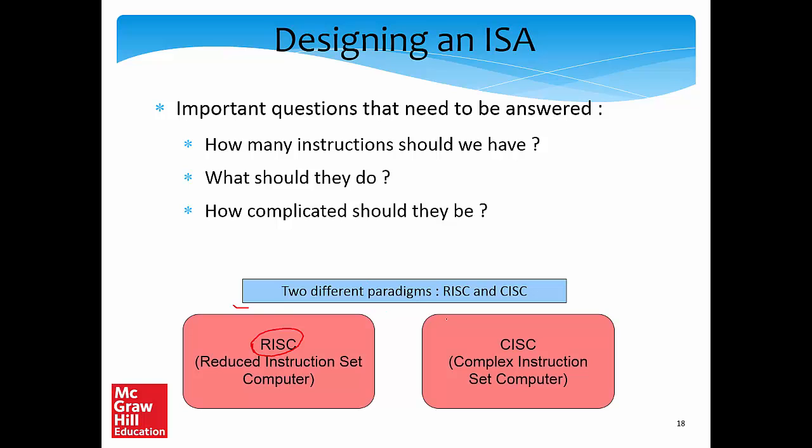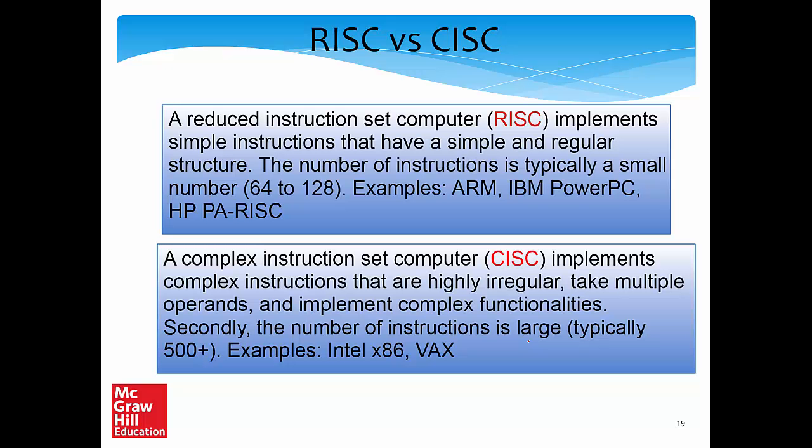Similarly, we'll have CISC processors, which have a very different paradigm. Instead of having fewer instructions, CISC processors will have a lot of instructions, and they will also be, as we see on this slide, highly irregular, meaning that it is possible one instruction might take one argument, another instruction might take 3 arguments.